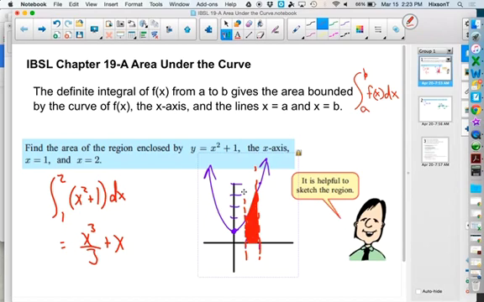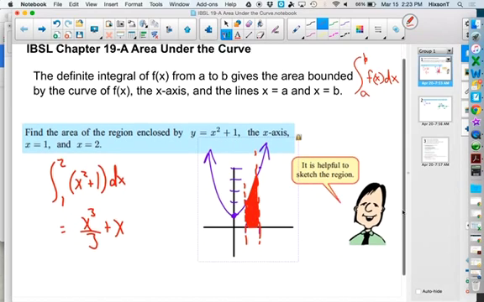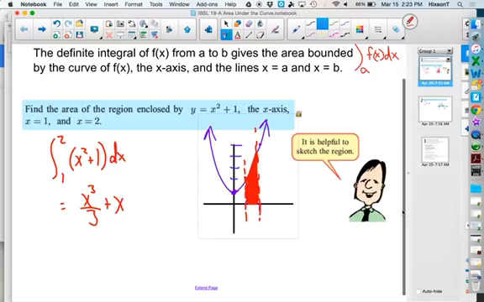We can't be that rusty, guys. It's only been a week. So we've got x cubed over 3 plus x.